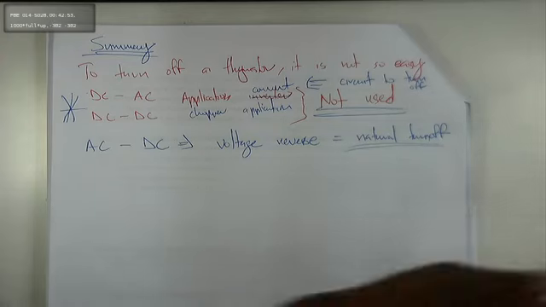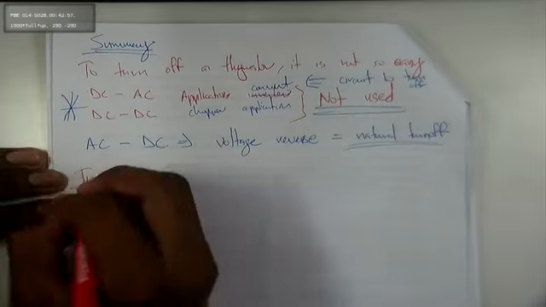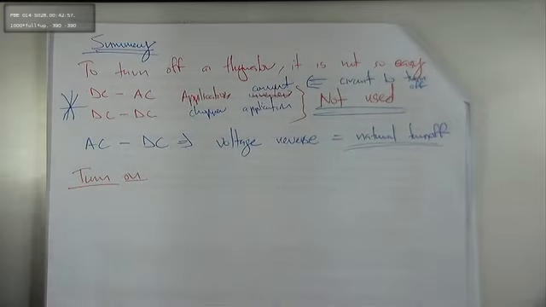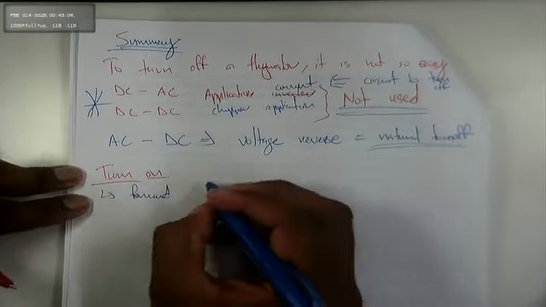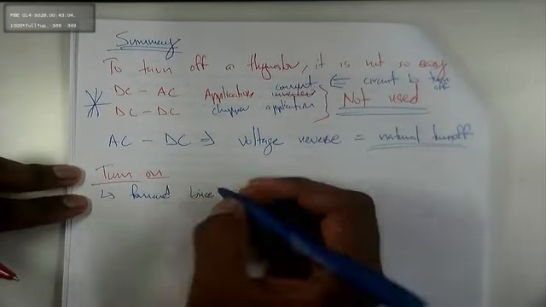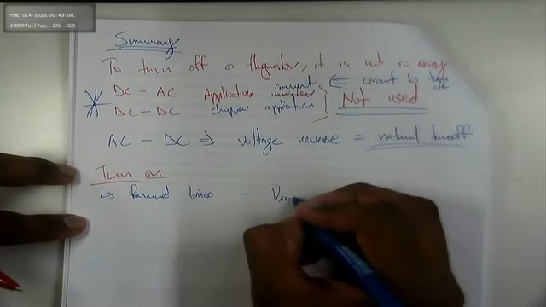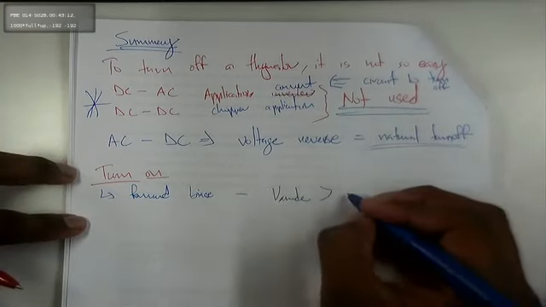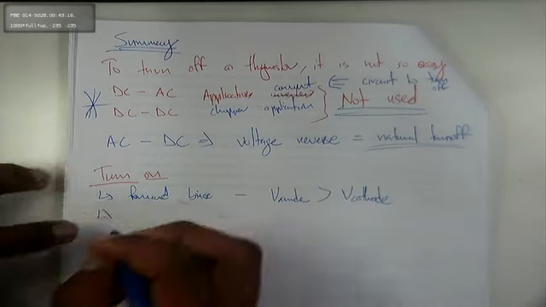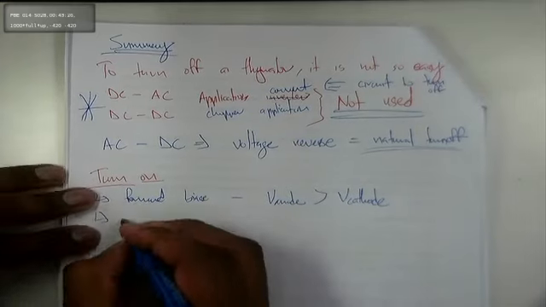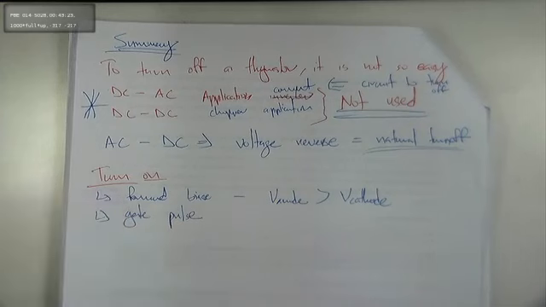Now turn on is very easy. For turn on, we just need a forward bias. This means voltage at the anode should be greater than the voltage at the cathode. And we need a gate pulse.